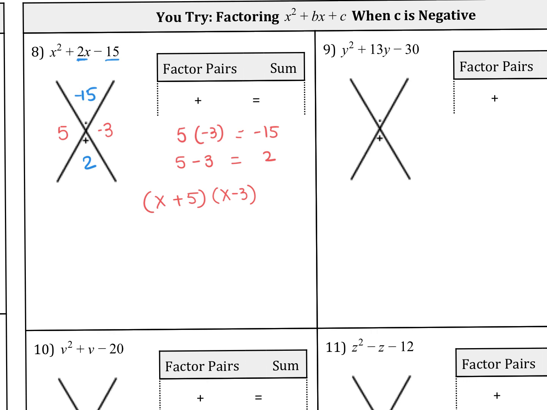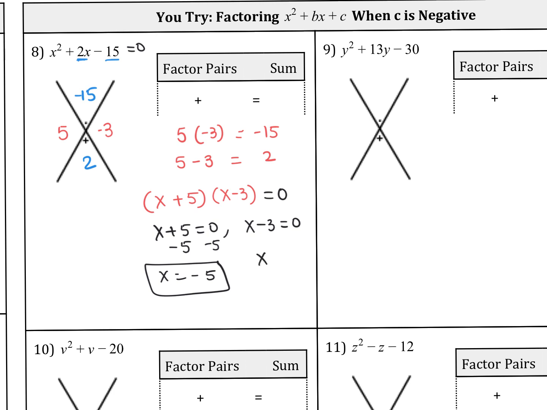If it is an equation, then you put that equal to 0, which means you're going to find the x values by setting them equal to 0 one by one. And you get x equals -5 and x equals 3.